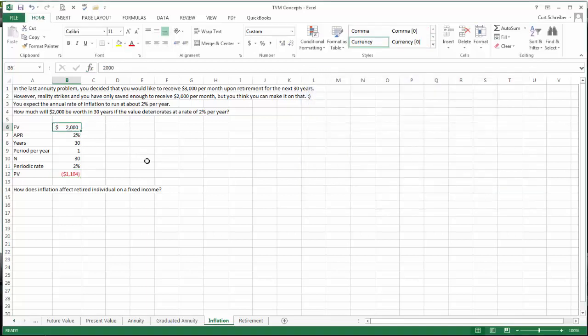So that $2,000 today is only going to be worth $1,104 30 years from now. So your purchasing power erodes considerably over a long period of time due to inflation.